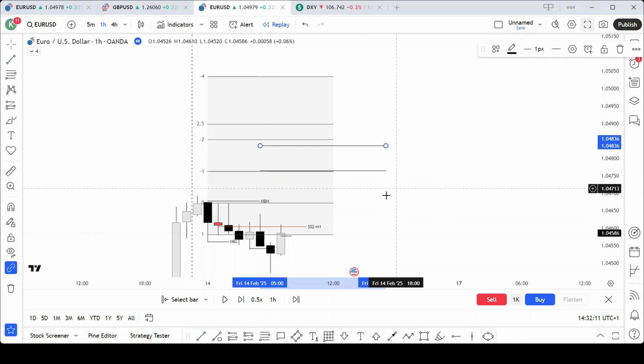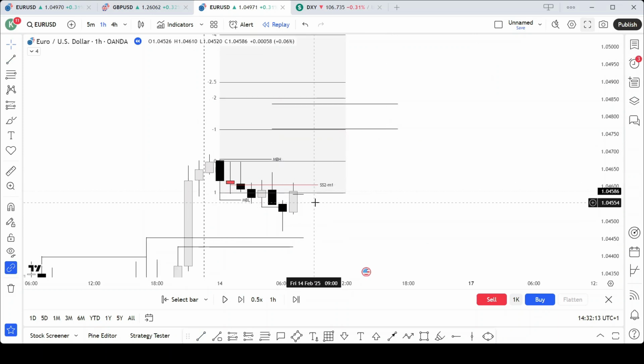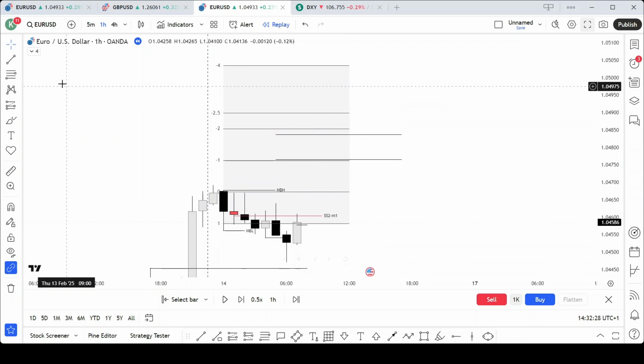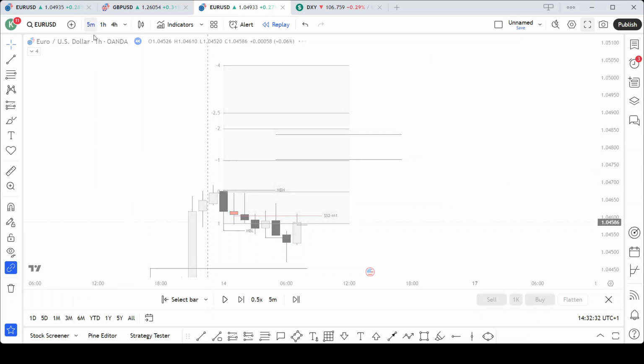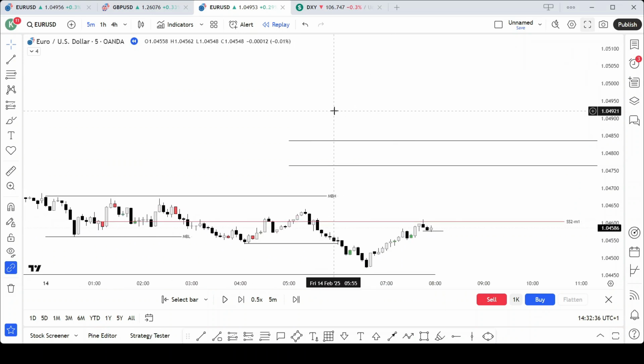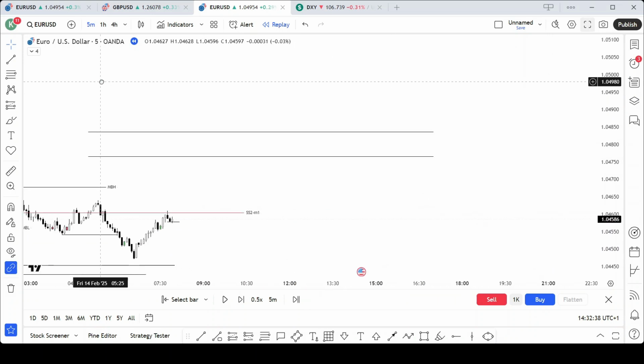Now, what does this mean? This implies that when you enter your trade and price has gotten to 1%, you should be cautious. You should be able to say, okay, I want to get out of the market, or I don't want to take another entry again. All right, so now that we've identified our drawn liquidity, let's take out those lines.